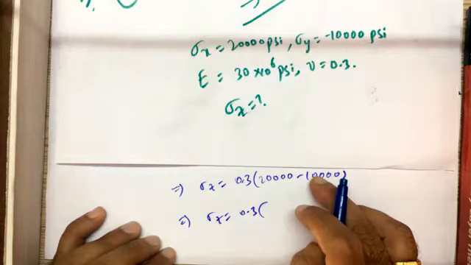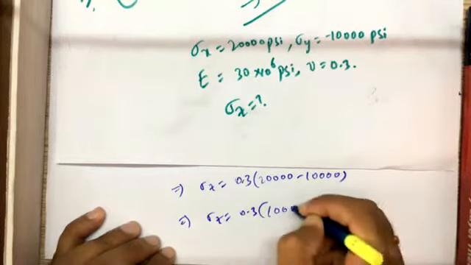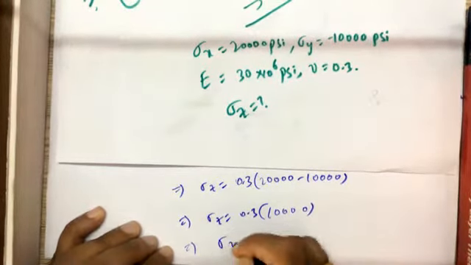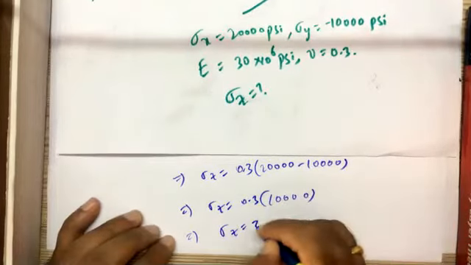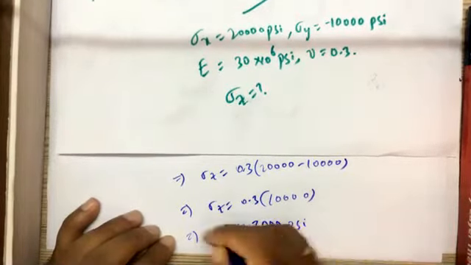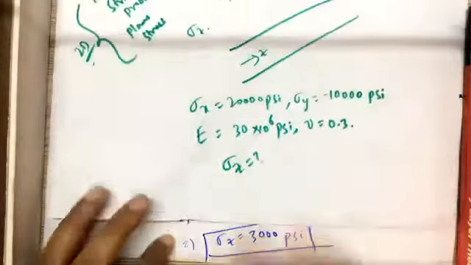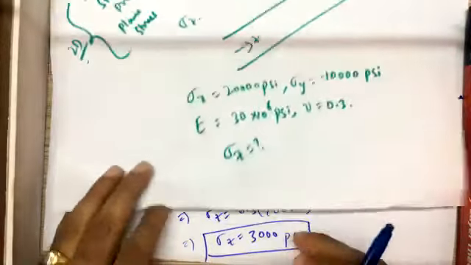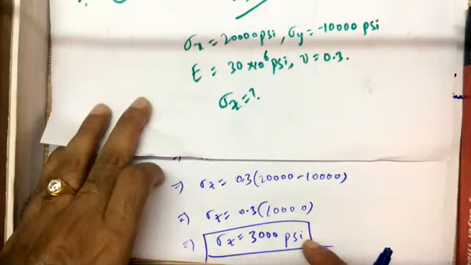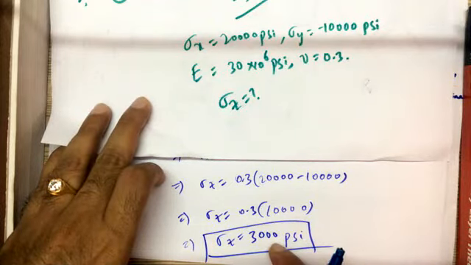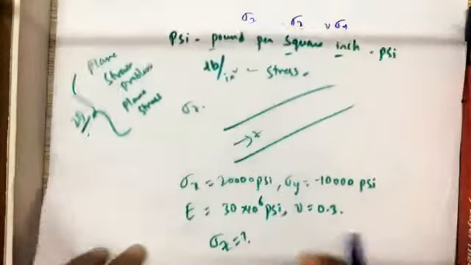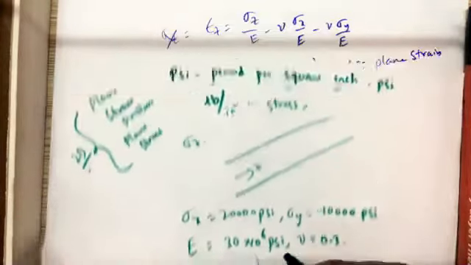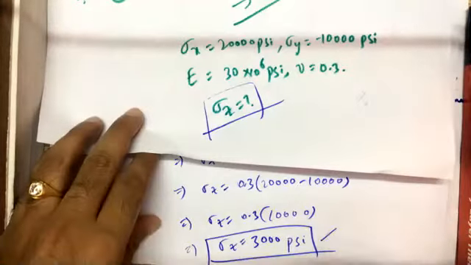How much is that? 10,000. 10,000 into 0.3 is 3,000 PSI, because the stresses are already given in PSI and we substituted them, so the units would be in PSI. Sigma z is equal to 3,000 PSI. That is what we were asked to find, and we got sigma z.